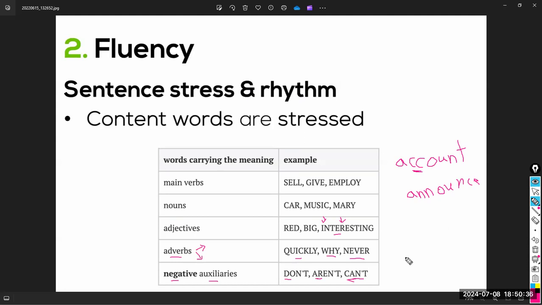There is something you have to know, Malak. If the word is written as an abbreviation, you have to say it as it is. You have to read exactly what is written. If it is can't like this, and in the British accent they say can't, you have to say can't, but not cannot.